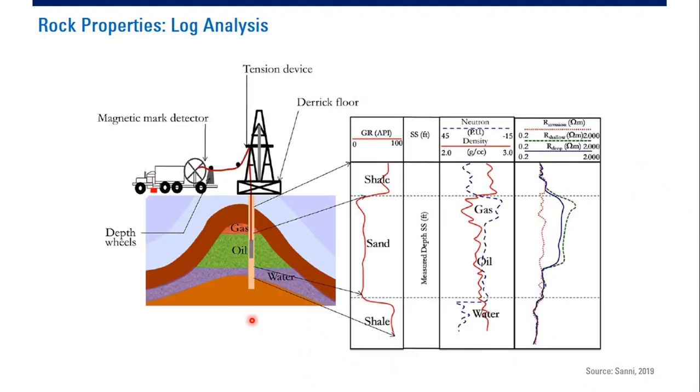To know the properties of our reservoir, we can do core analysis, but core analysis is very expensive. The more economical, cheaper one is to do log analysis. We lower logging tools down, and they will go down and go up, and during the movement they will record something.